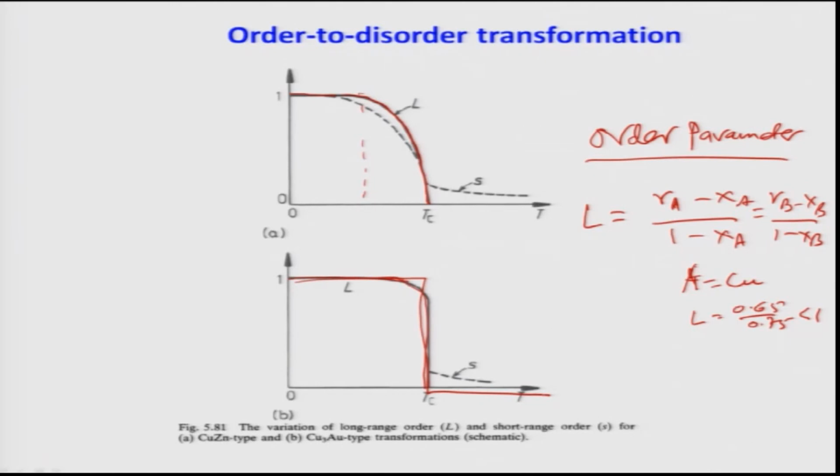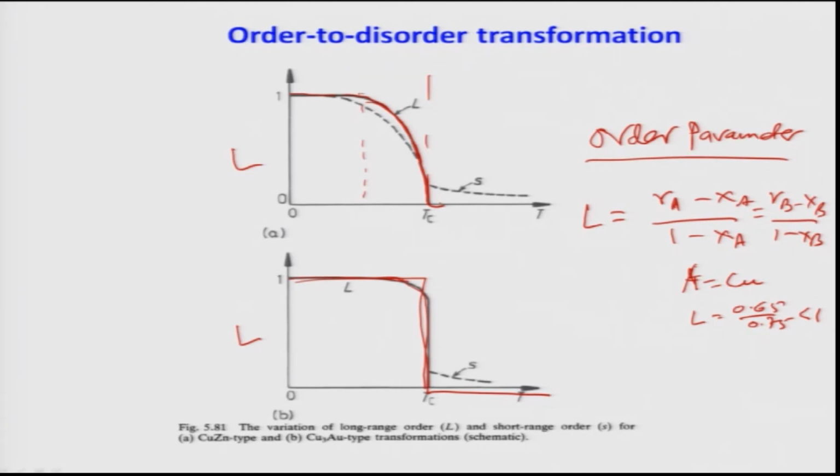But in the second case, the order parameter never has a discontinuity at the transformation temperature, you can see it is slowly decreasing. So, there is no jump of the order parameter, that is why it is called second order ordering, and the other is called first order ordering transformation.